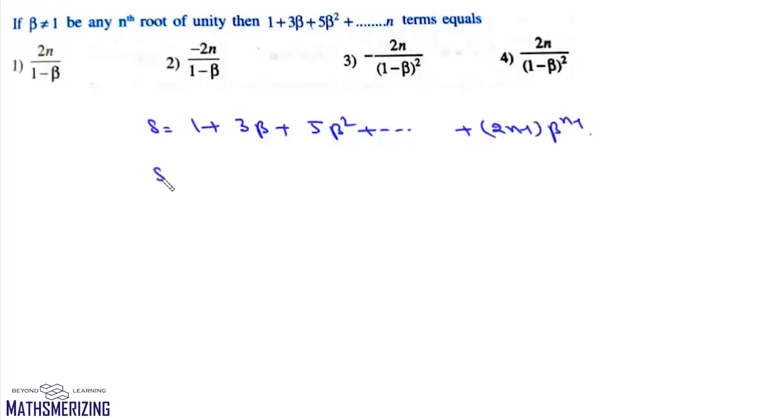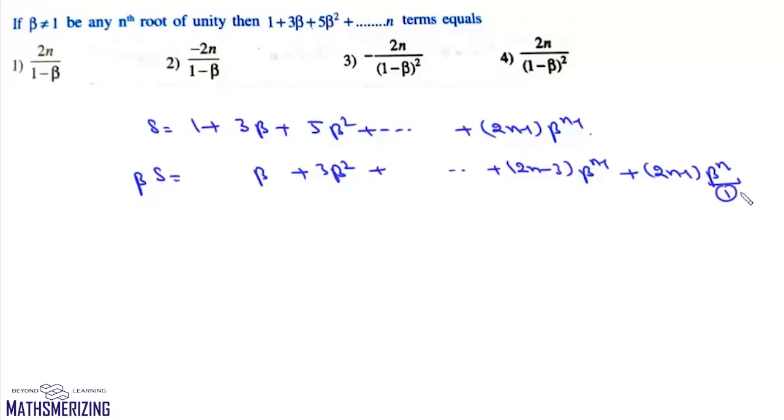Now we'll write the series again, displacing it by one term and multiplying it with beta. So we'll get this as beta plus 3 beta square, and this is 2n minus 3 beta to the power n minus 1 and plus 2n minus 1 into beta to the power n, and we know that beta to the power n is 1.